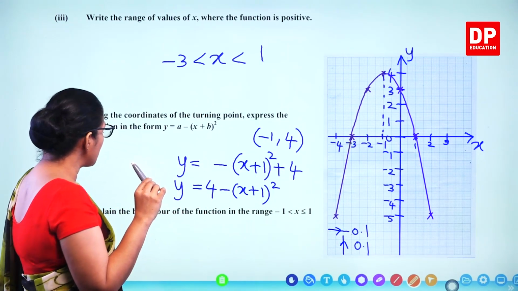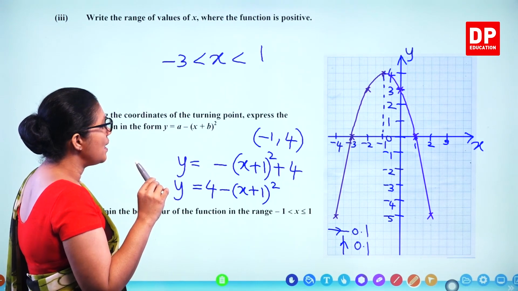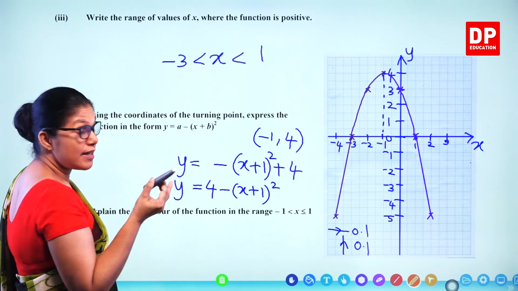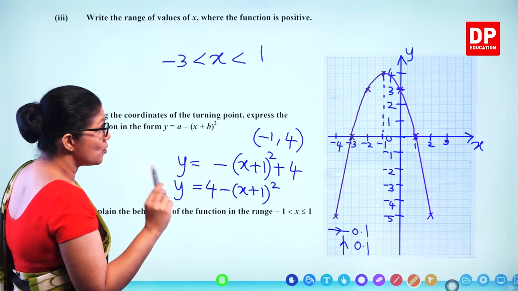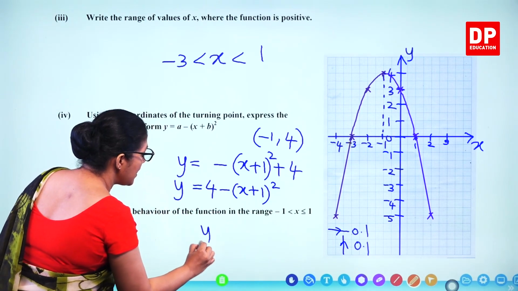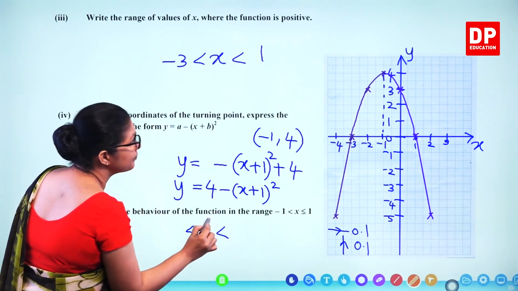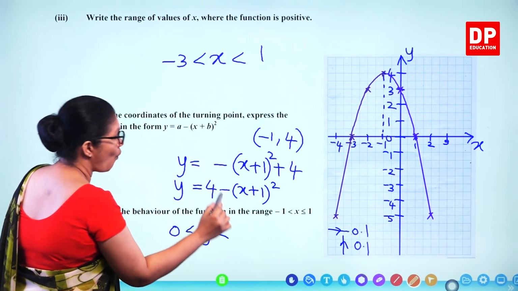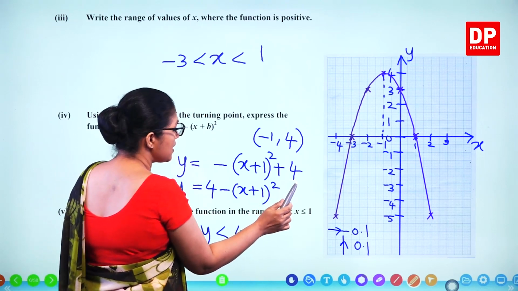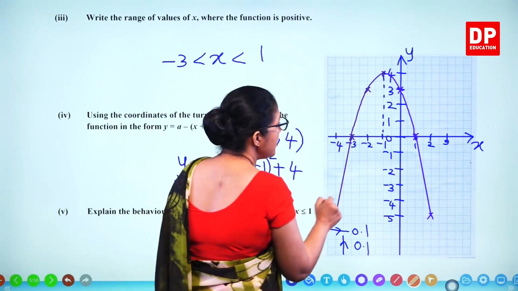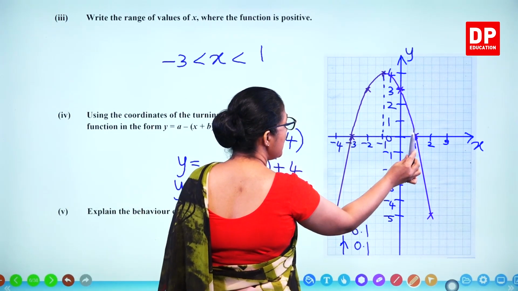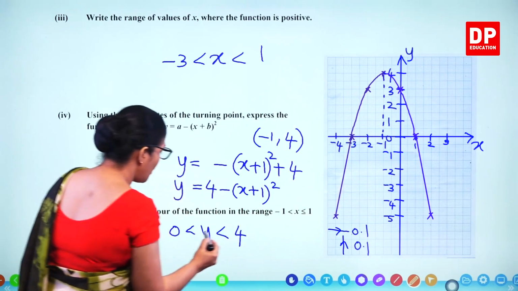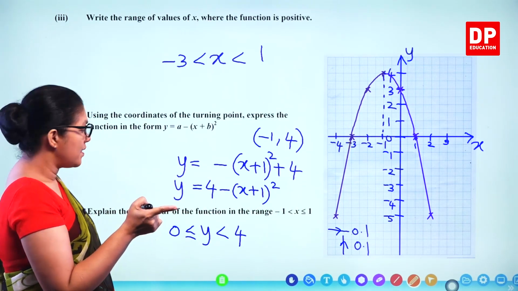So how do you write it down? We can write in words, as well as y is in between 0 to 4. But here, see, 1 is included. That means y = 0 is included there, not the other side.